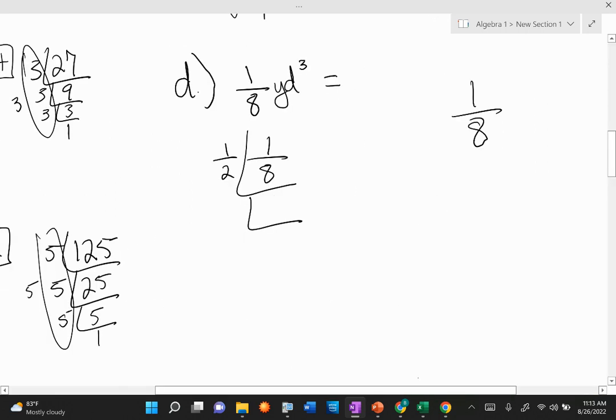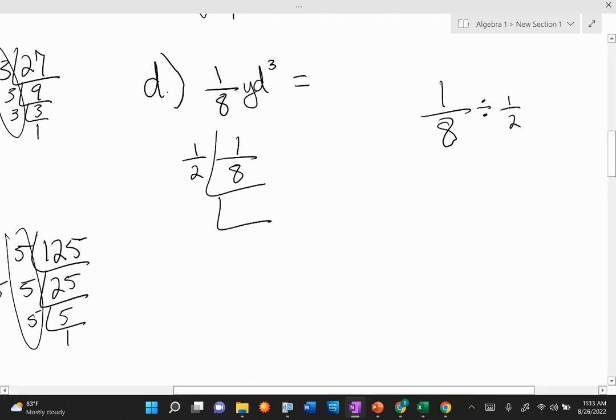You learned this a long time ago. If I have 1/8 and I want to divide it by a half, I would teach you to change that to 1/8 multiplied by, and then flip the 1/2 upside down, 2 over 1. So what does that give me? 2 over 8, which reduces down to 1/4.